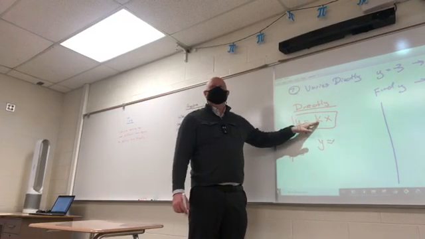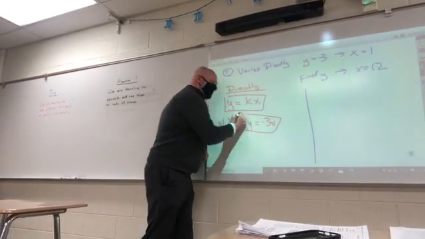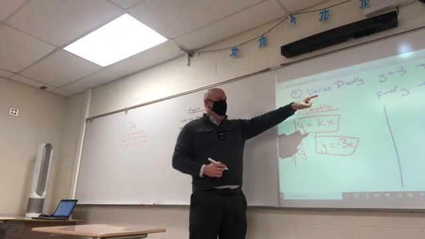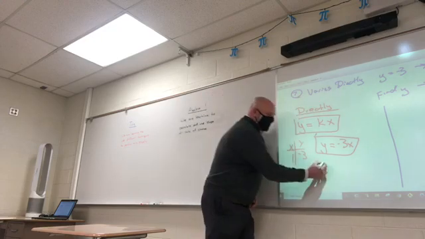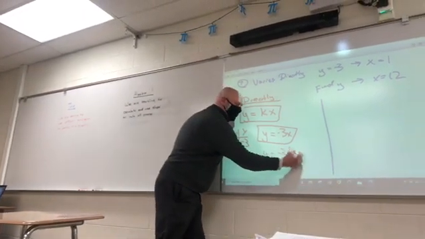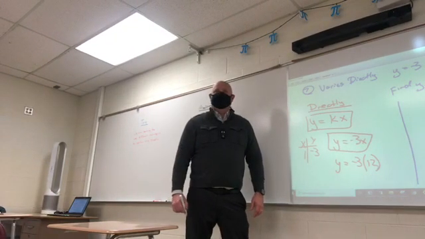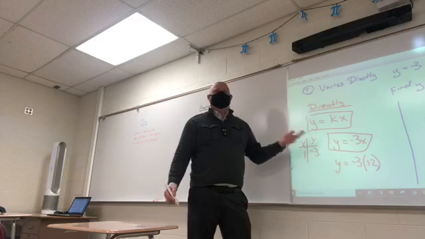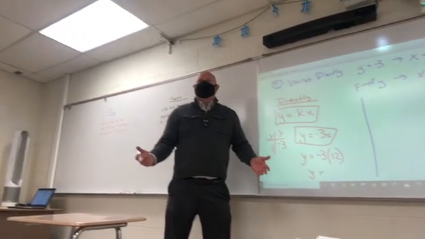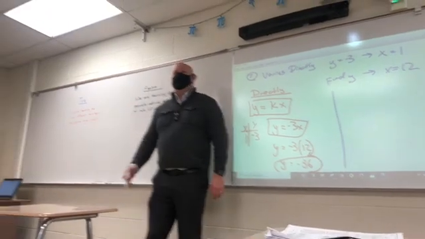What's this number have to be? y equals -3x. Does that make sense? So, it wants us to find y when the x is 12. What's the answer? What's 3 times 12? 36. So the answer is -36.